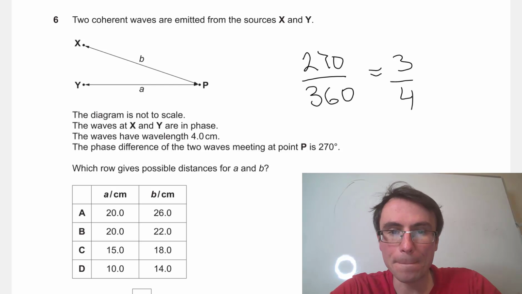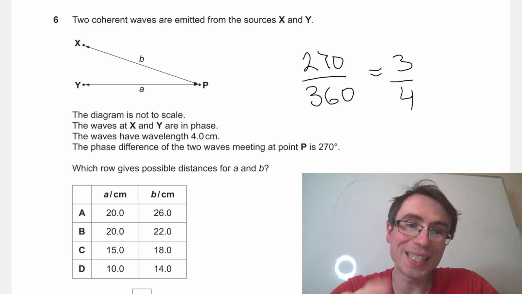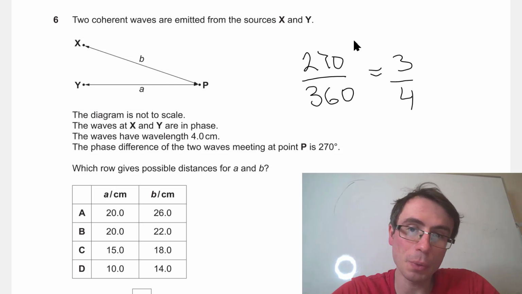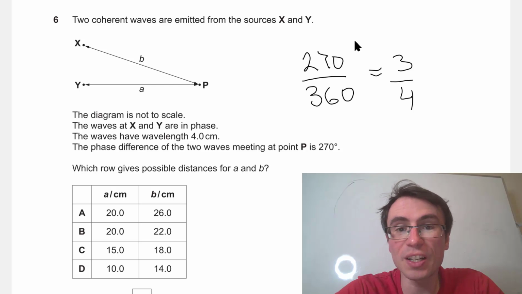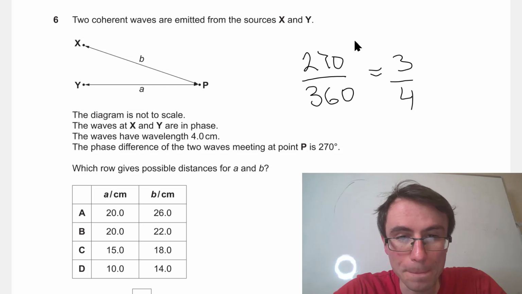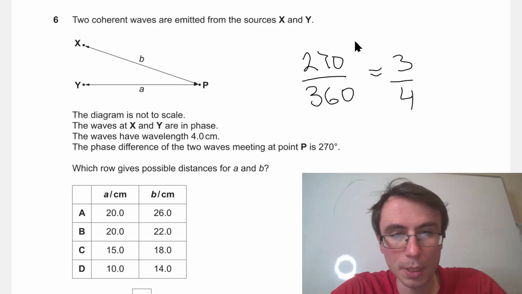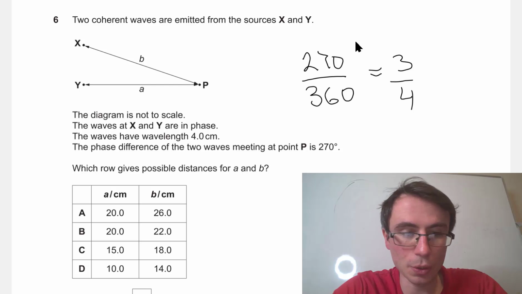So this means that the path difference as well should be in that ratio of 3 to 4. So let's have a look. A and B should be in that ratio.